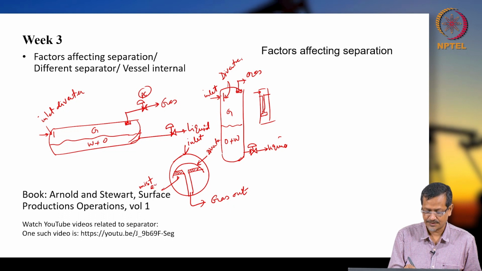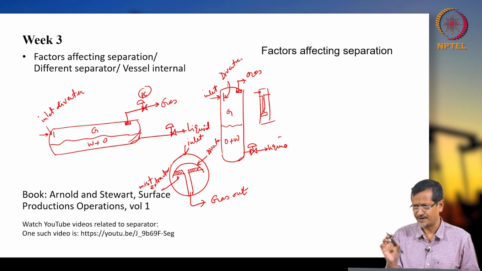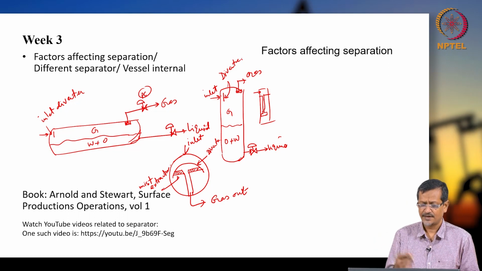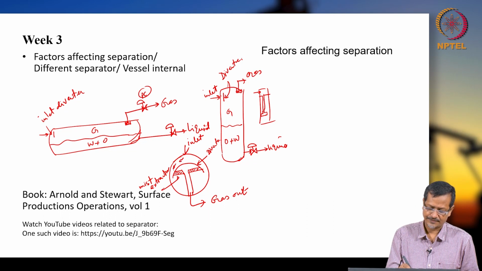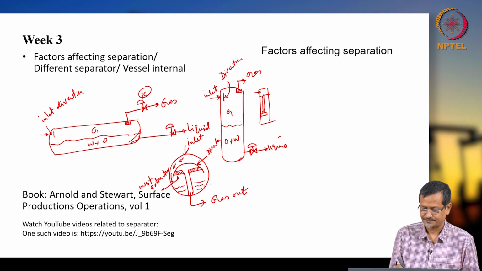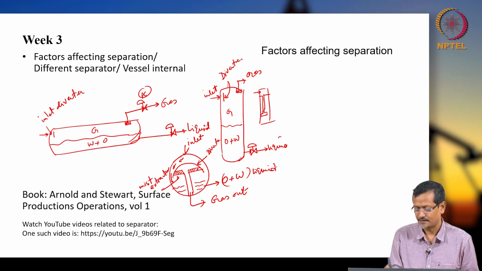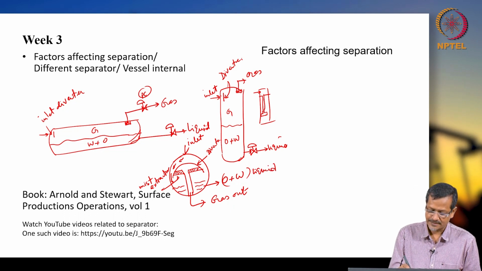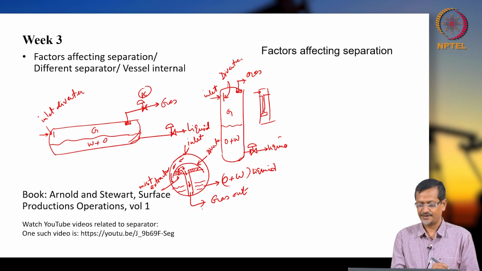Different names are there, so you should remember the different names also. If someone says mist remover, that is fine. Fluid will enter like this and liquid will fall and create one layer, oil plus water or liquid, and gas will go through this mist extractor and you are taking gas out. So this is a specific design.